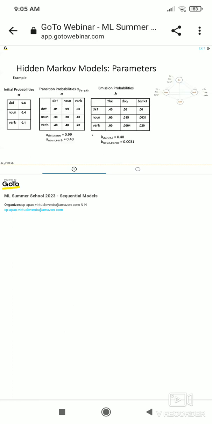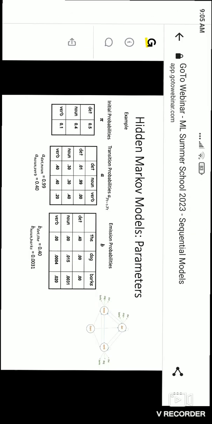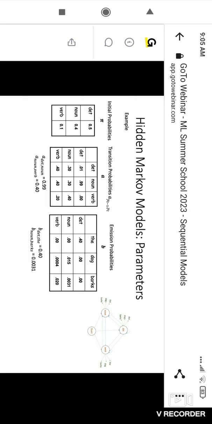Let's consider a simple example, the dog barks, and see what the parameters involved in modeling using HMM are. These are the values which we have provided for the sake of example for understanding.